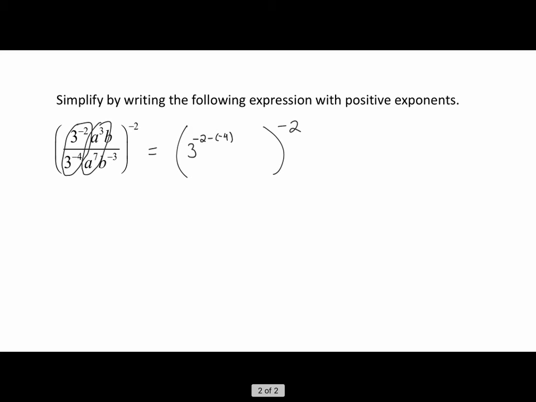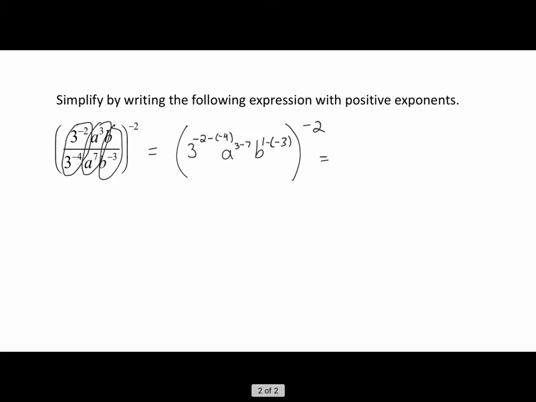Now base A, I'm going to take numerator exponent minus denominator. And base B, the numerator is a 1 since it doesn't have an exponent. And I ran out of space here. Let me move this. I'm going to subtract the negative 3 exponent from the denominator.